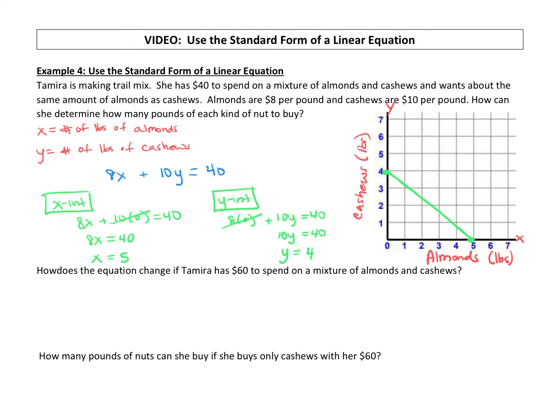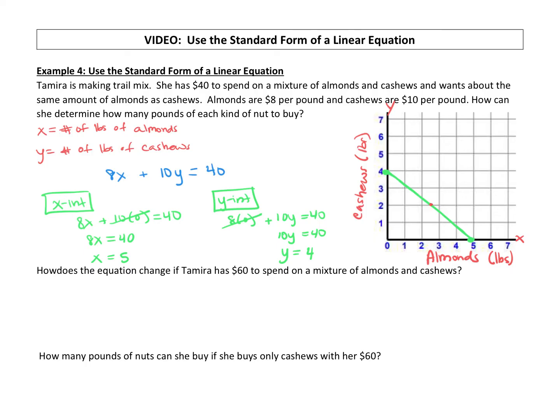So just to make sense of what this means, any point that's on the line, any ordered pair, would be spending $40 on this mixture. This line doesn't go through any super clean points, but let's highlight one. This point, I think I can make a guess at what that is.